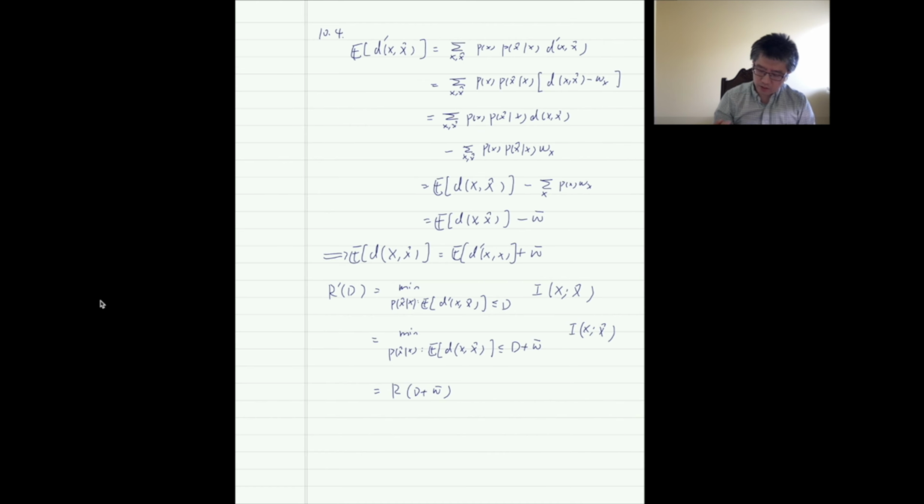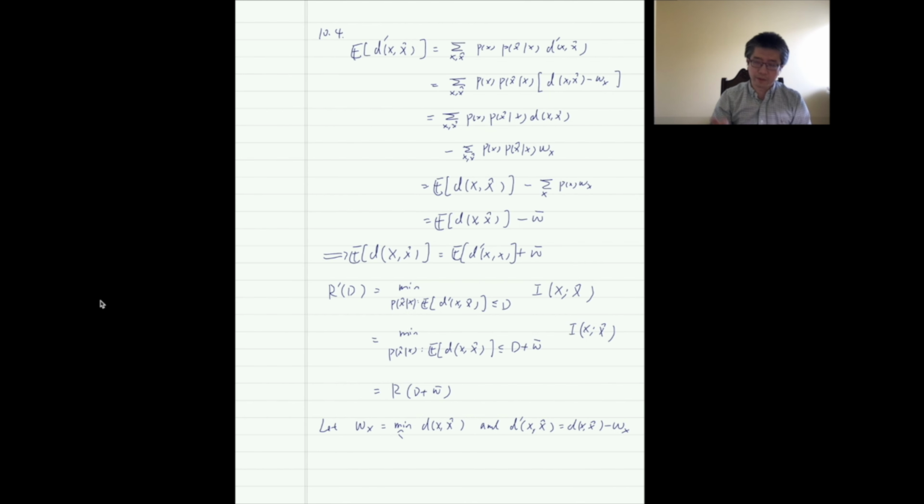The second part is relatively straightforward. Basically, we just need to let w(x) equal the minimum over x hat of d(x, x hat), and let d prime(x, x hat) equal d(x, x hat) minus w(x).